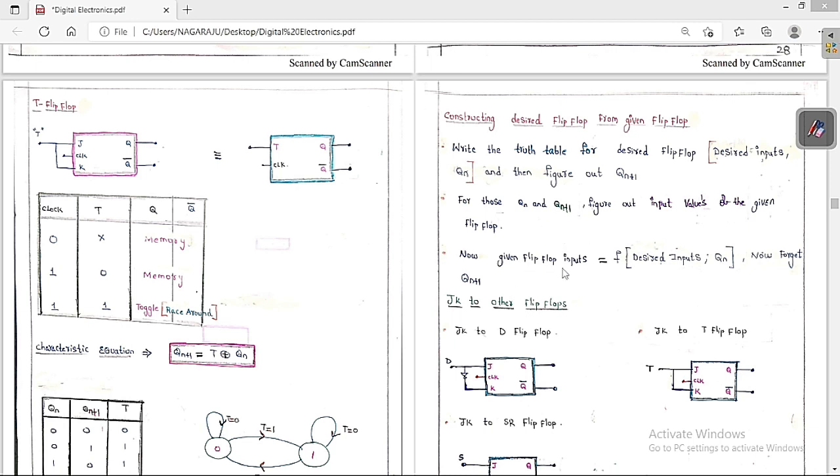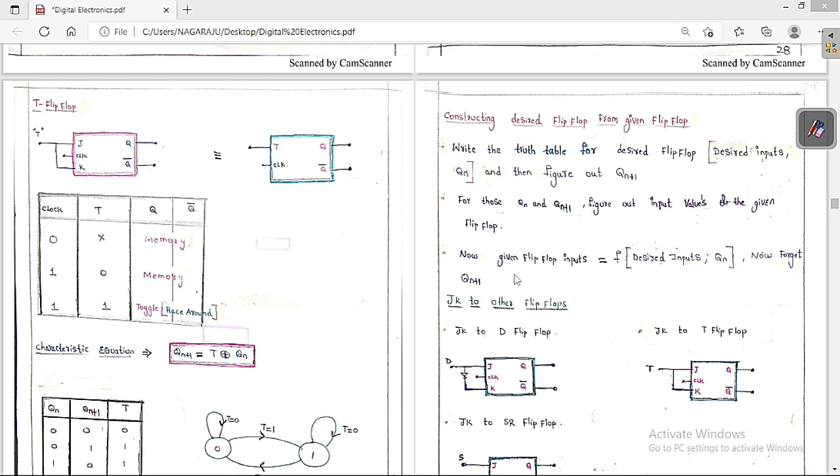Now the given flip-flop inputs is equal to a function of desired inputs comma Qn. Now forget the Q of n plus 1. So now find the expressions for the given flip-flop inputs as a function of desired inputs and Q of n, and forget the Q of n plus 1.